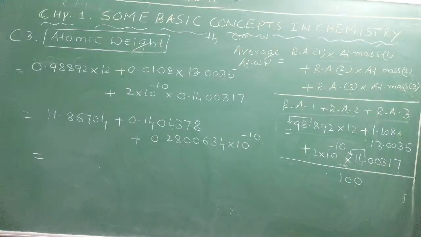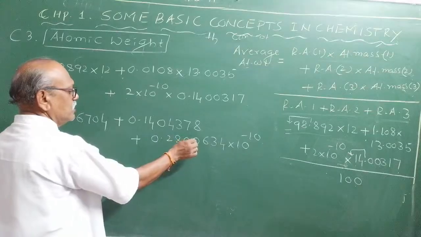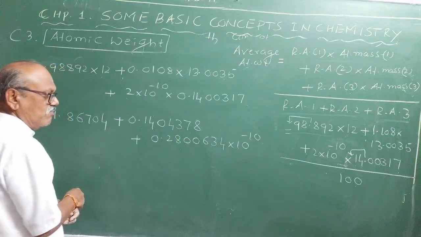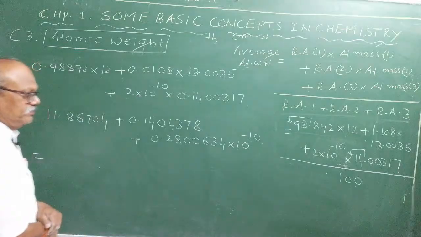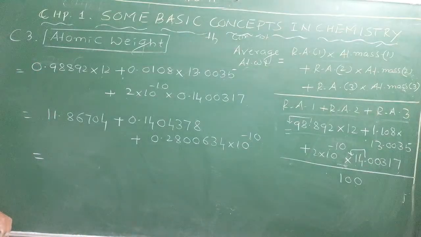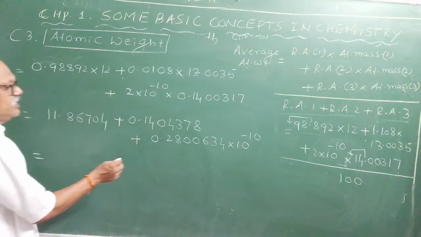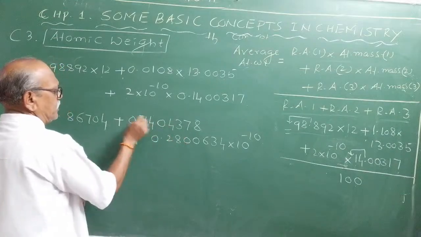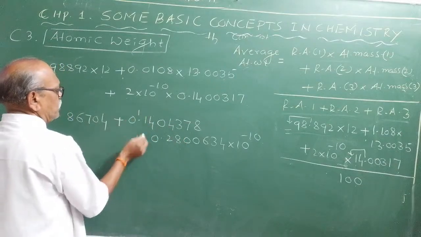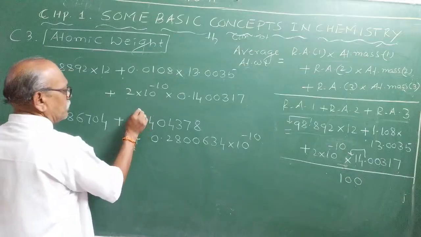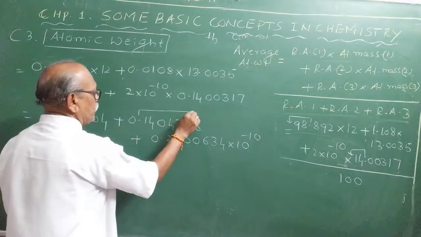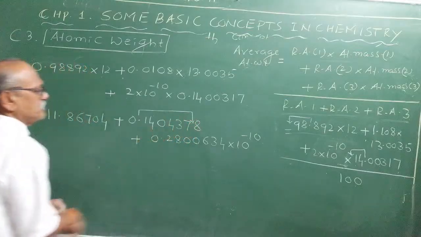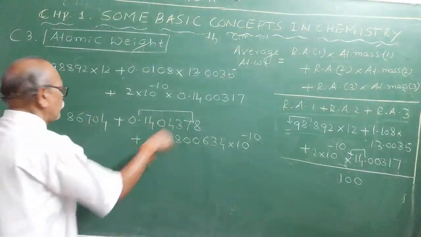Shift right or shift left. 10 to the power 10. How can you manage it? If I express it in scientific notation, I will shift it to the right. How many places? 6 places, if you shift the decimal point 6 places here.